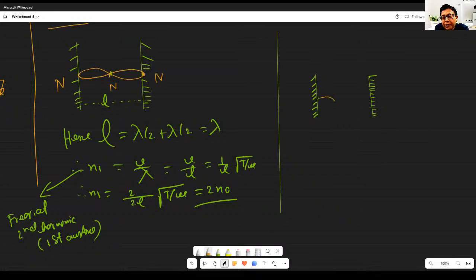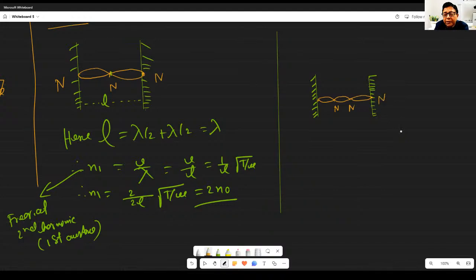There will be another loop, nothing else. Three loops. Always node at the end. Why node at the end always? Any reason?